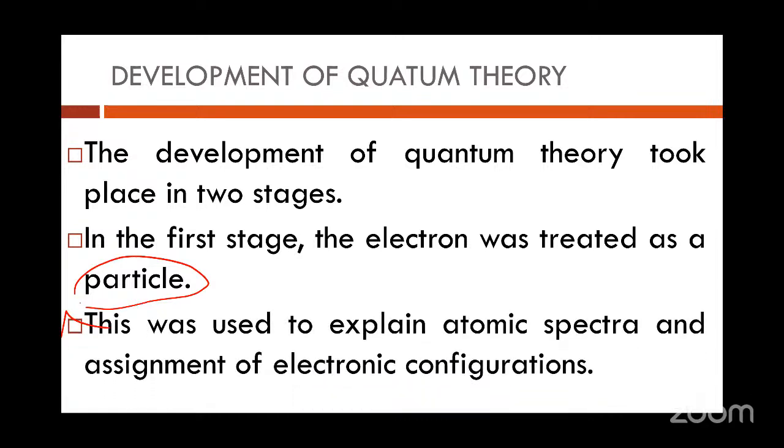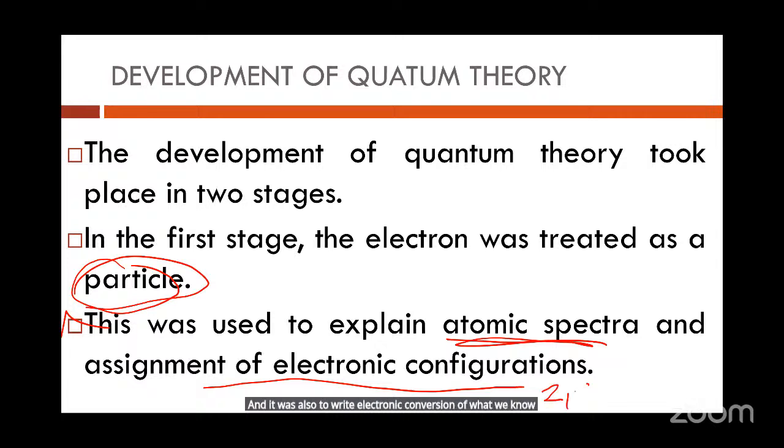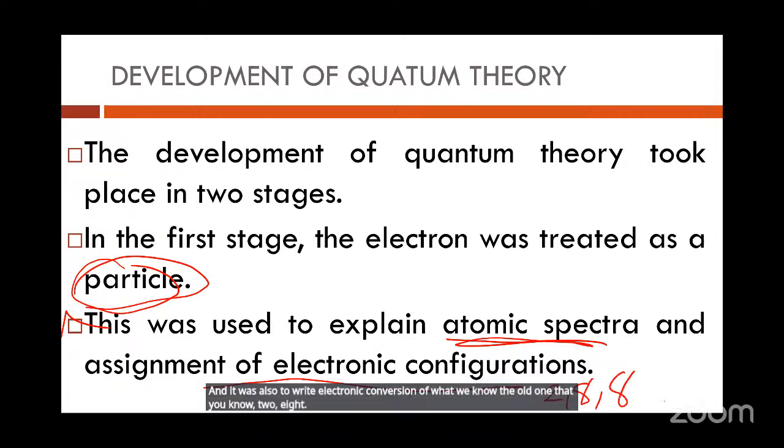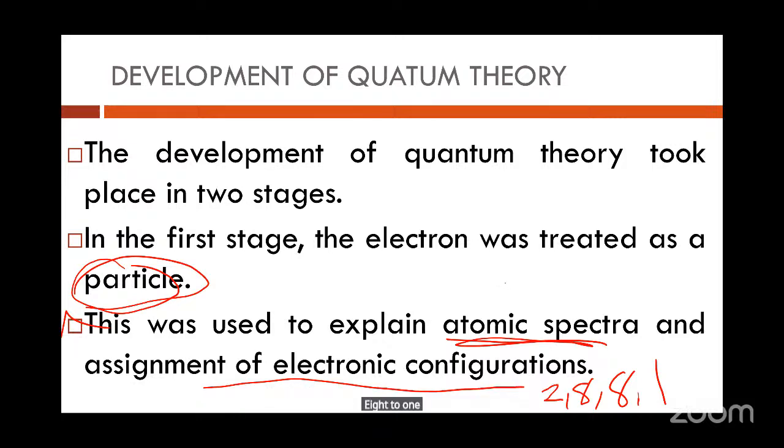And that information was used to explain atomic spectra. And it was also used to write electronic configuration of what we know, the old one that you know, 2, 8, 8, 1, something like that, 2,1 for lithium.